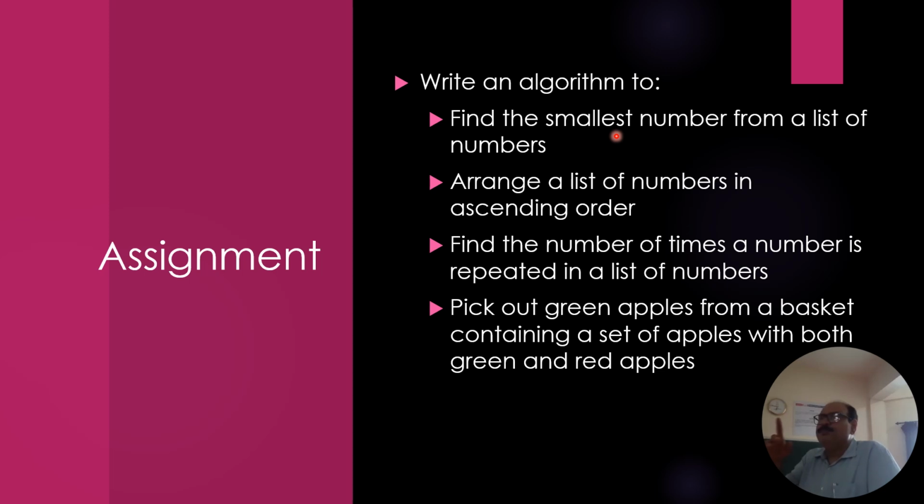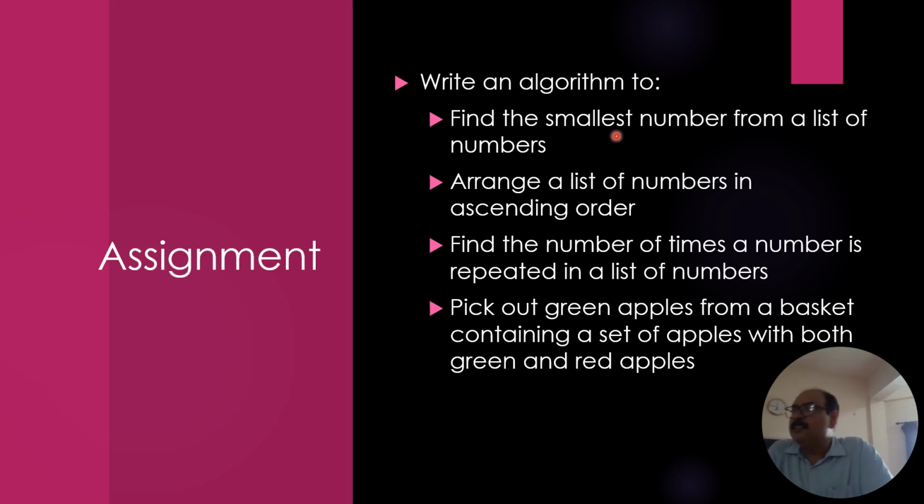So you have to understand, for every problem, you need to understand what are the inputs. For the first problem, input is nothing but a list of numbers. Simple list, and you are finding out the smallest number in the list. For the second problem, you have the same list of numbers as the input and you are just arranging it in ascending and descending order. But for the third problem, you need a list as well as another number for which you have to count the number of times that number is appearing in the list.